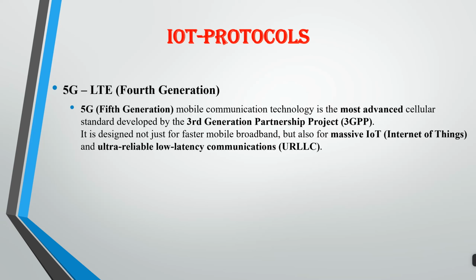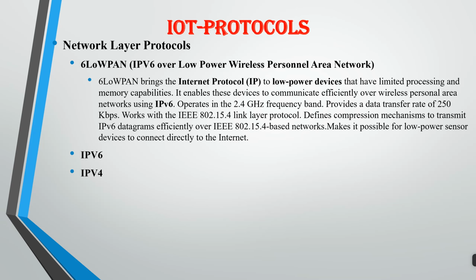Whenever it switches to 4G, it gives an error stating low network bandwidth, so I'm not able to watch. Whenever it comes to 5G, I'm able to access my CCTV camera, which is an IoT device. So basically today we are working at the fifth generation protocols.